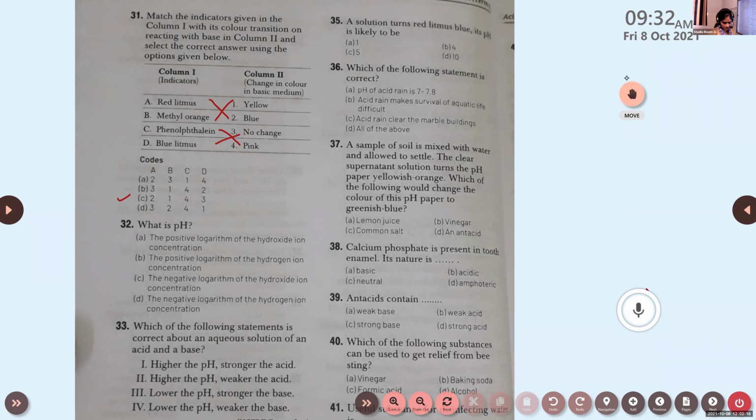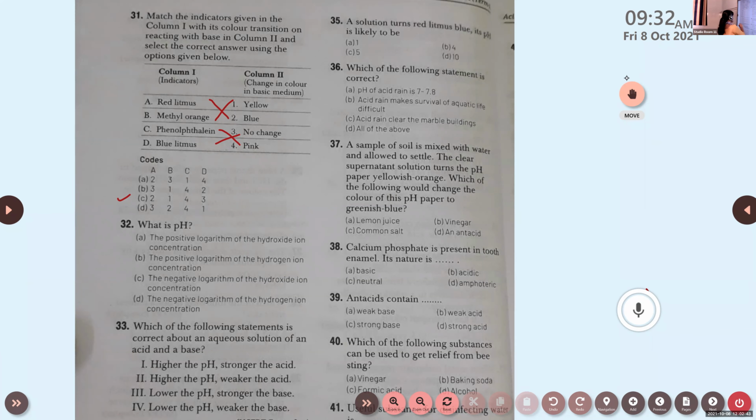Is this definition in your textbook, children? Just wait. The proper definition is not there. Actually, it is not positive logarithm, it's negative logarithm.